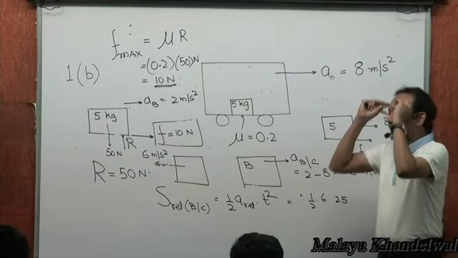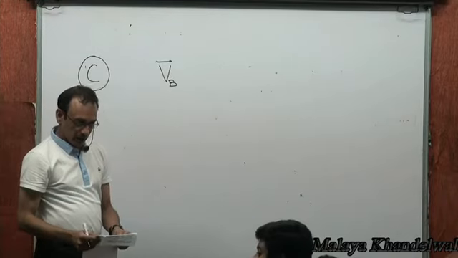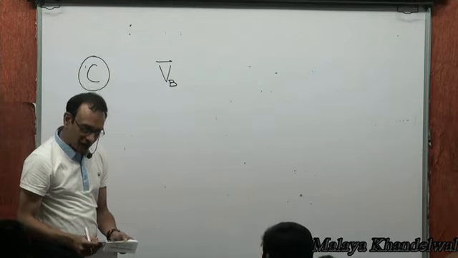Okay. Consider a block which is moving with a velocity VB in a car which is moving with a velocity VP. There is a block inside a car, and the velocity of the block is VB, velocity of the car is VP.